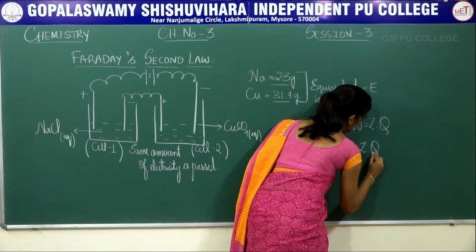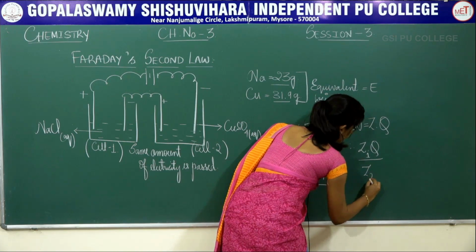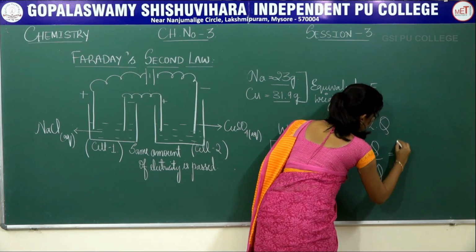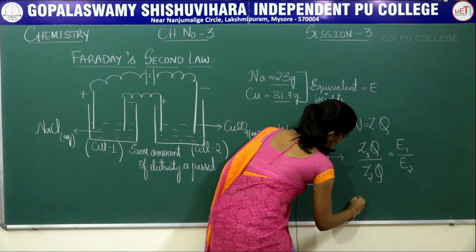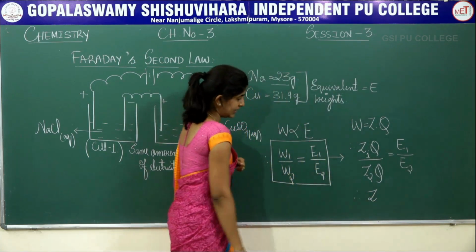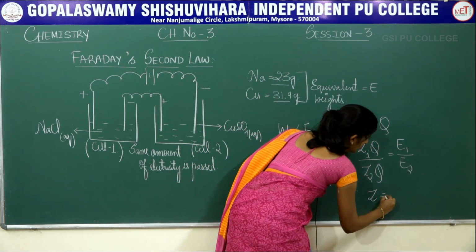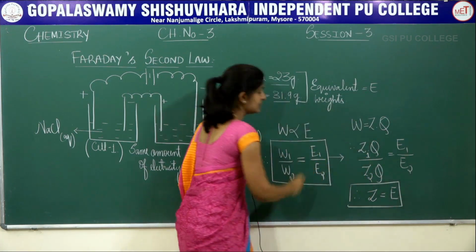So I can write this equation as Z1 into Q divided by Z2 into Q is equal to E1 by E2. Therefore, the electrochemical equivalence is proportional to the equivalent weight of a substance.